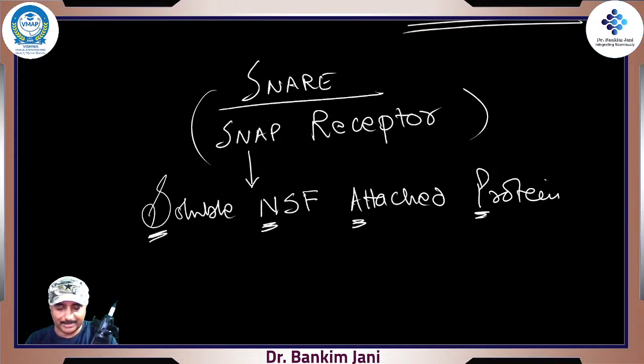Coming back to this SNAP receptor. SNAP is soluble NSF attached protein. All receptors are sort of protein only. So this is a receptor having soluble NSF attached protein. Now what is this NSF?